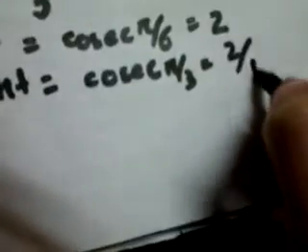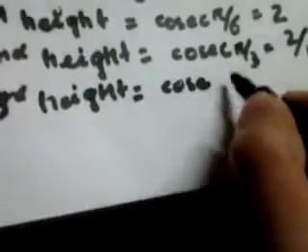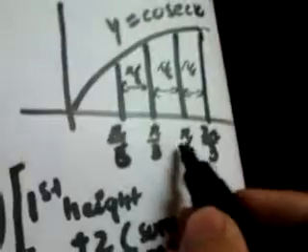That is 2 by root 3. The third height is cosec pi by 2. That is simply 1.